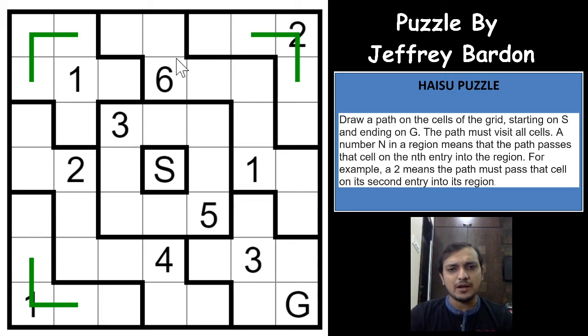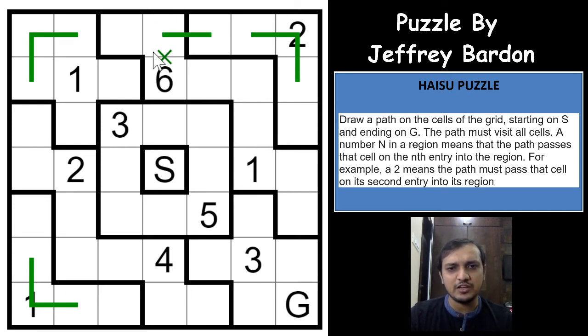The pattern of the region is a really good thing that deduces that there can only be a maximum of 6 entries into this region. I can see that right now, because these two cells will have to use one other cell in the region to complete a path, right?